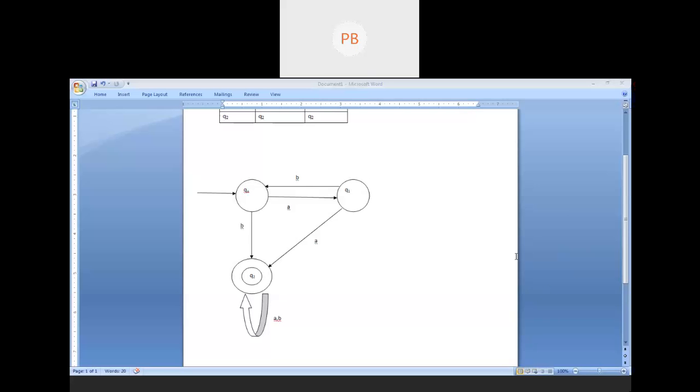A and B. Can anyone tell me a string which is accepted by this particular DFA? Can you configure a string which is accepted by this DFA or transition graph?